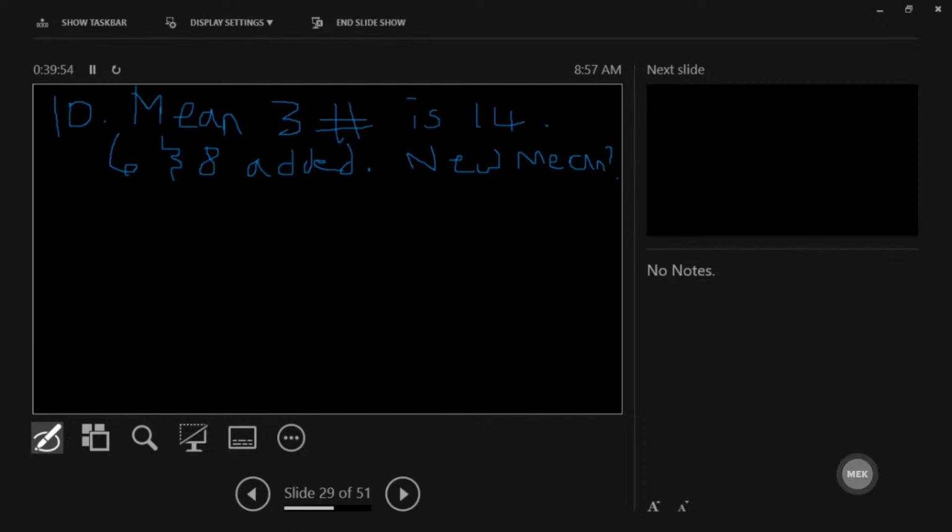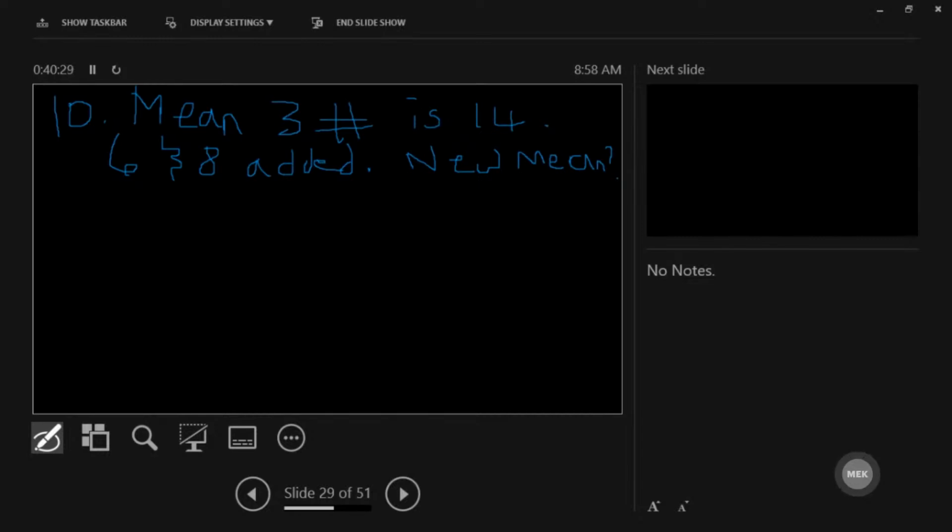Okay, so let's see. So John says he multiplied the mean by 3. So this original mean that we're starting with, 14. Remember, that's not the total, that's the mean. So since it's three numbers and the mean is 14, John says multiply the 14 by 3, and he got 42, and then add the two numbers that are being added here, the 6 and the 8.